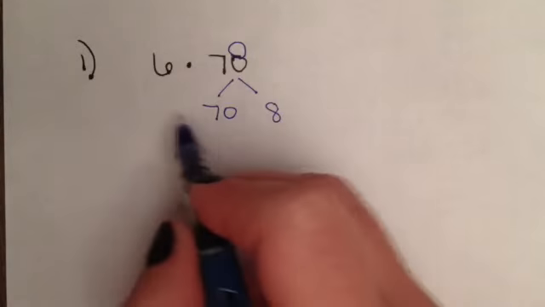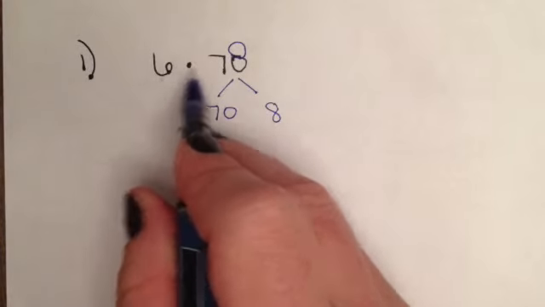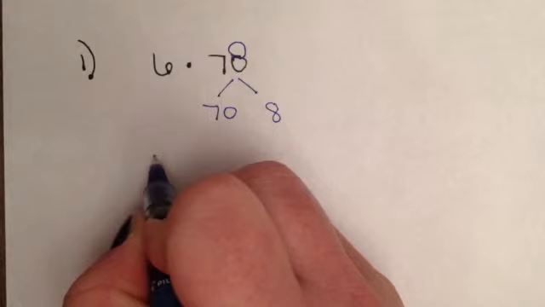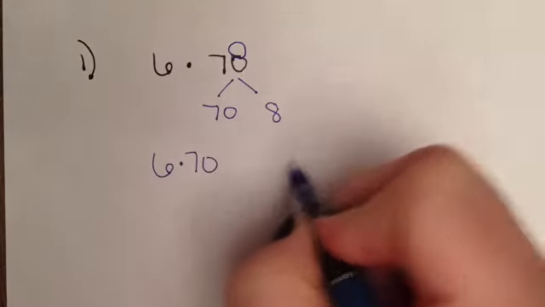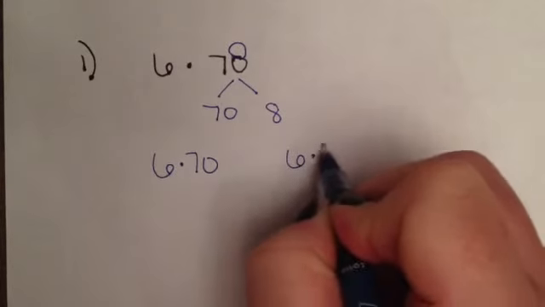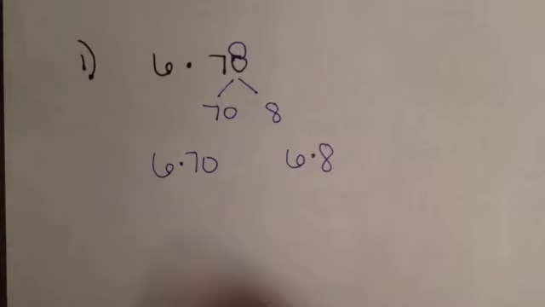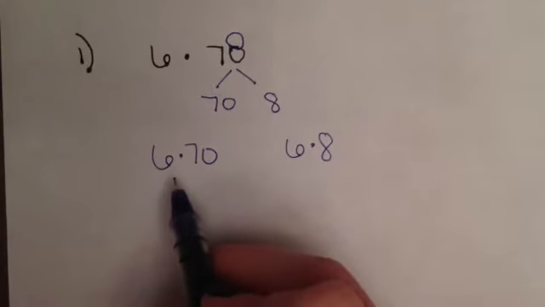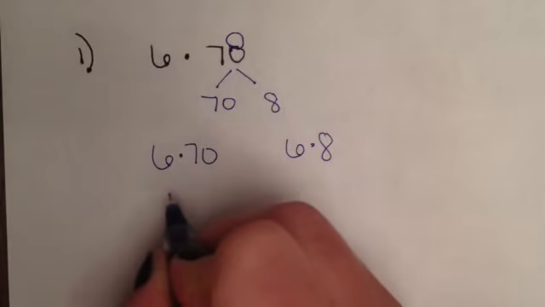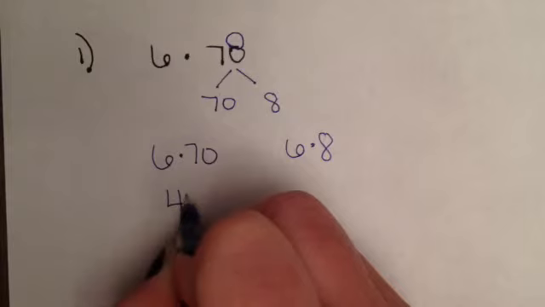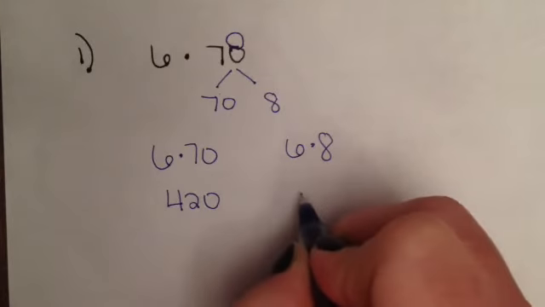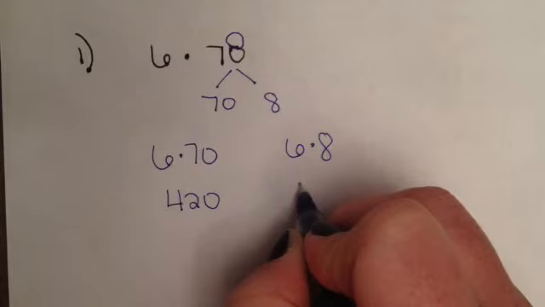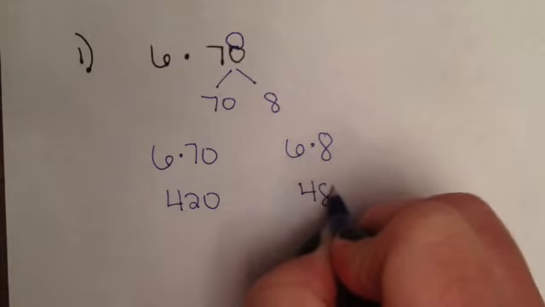Yes. So now when I multiply, I'm going to multiply each one separately. 6 times 70 and 6 times 8. Well, because this ends in 0, it's nice and easy multiplication. 6 times 7, 42, add our 0. 6 times 8, 48.